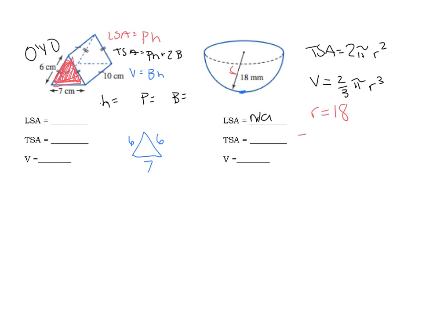So to find the total surface area, we were going to have 2 times pi, and we're going to use the pi button here, times the radius, which is 18, squared.